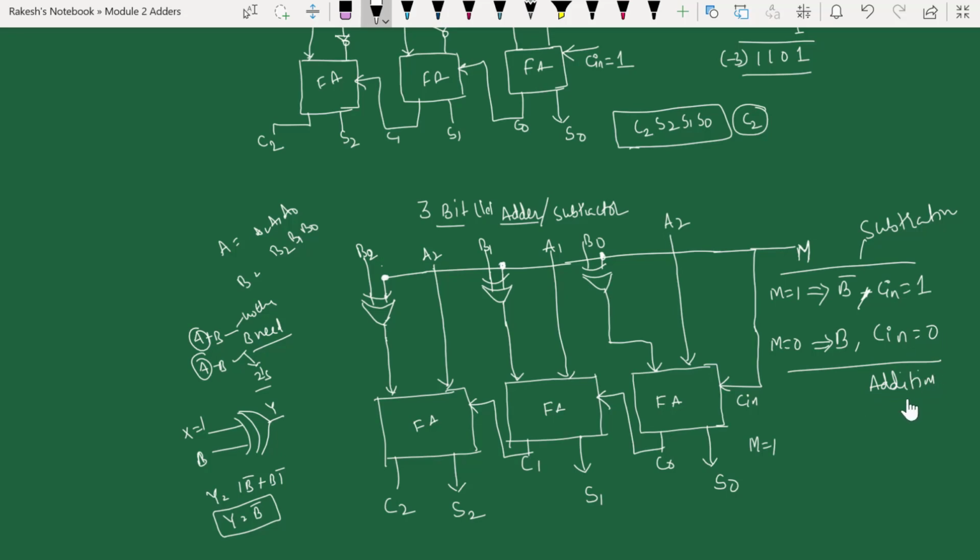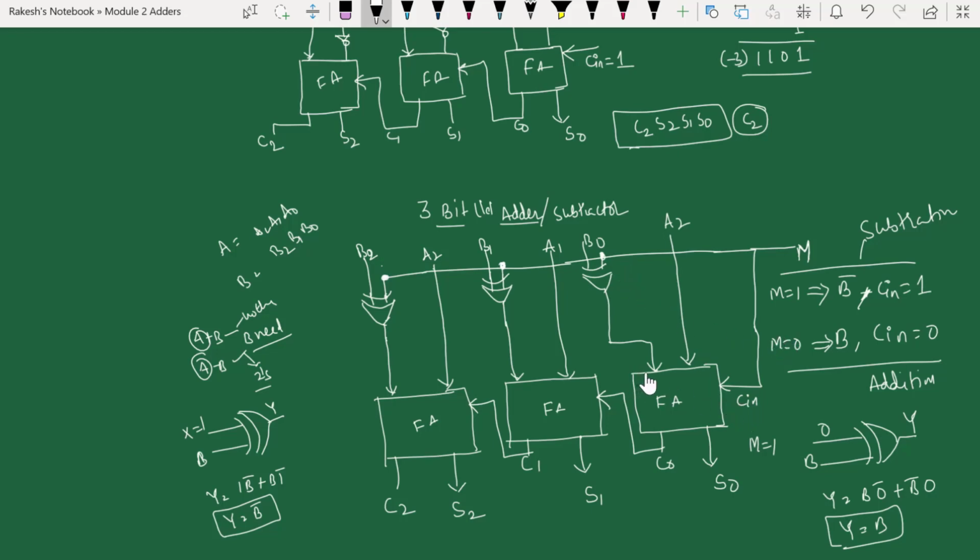So if you take an XOR gate and one bit is 0, with the other bit b, the output will be y equals b times 0 bar plus b bar times 0. That means you are going to get b as the output. So when you keep M equal to 0, your b will not be complemented and your C-in becomes 0.